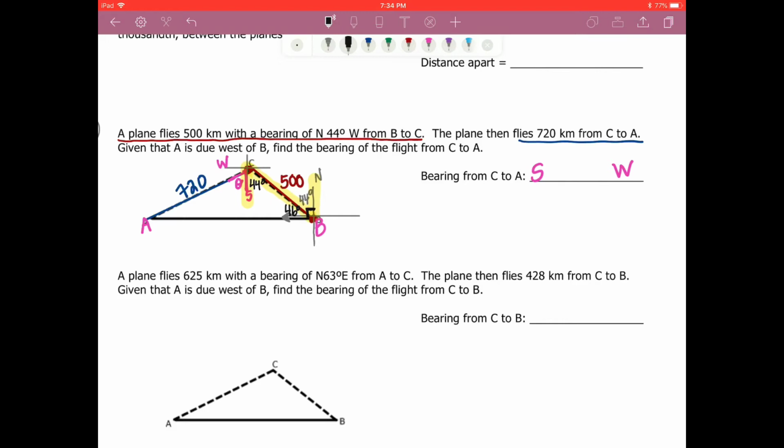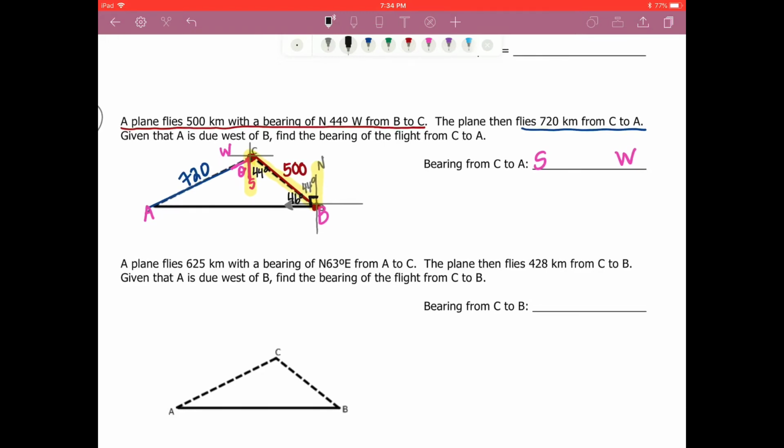Now, because we know that this angle is 46 degrees, we can set up law of sines, and we can say that 720 divided by the sine of 46 degrees is equal to 500 over the sine of angle A, which is unknown, but across from 500.